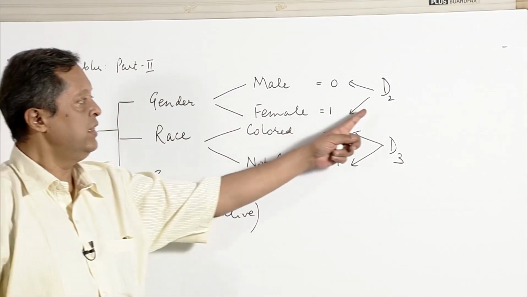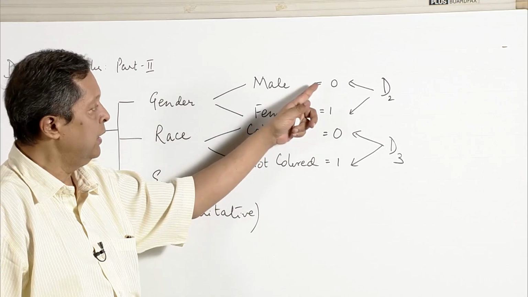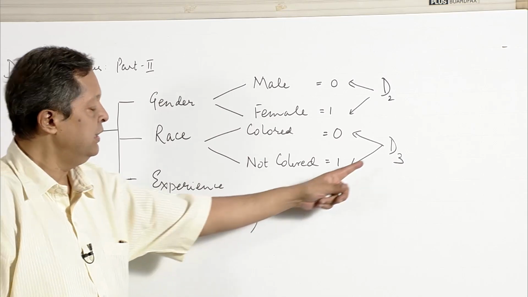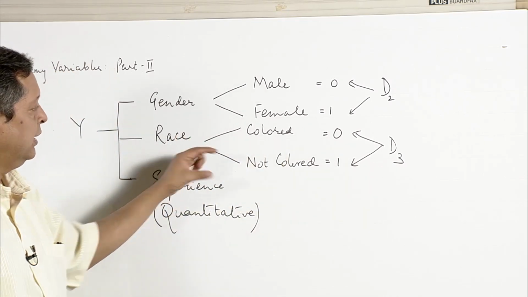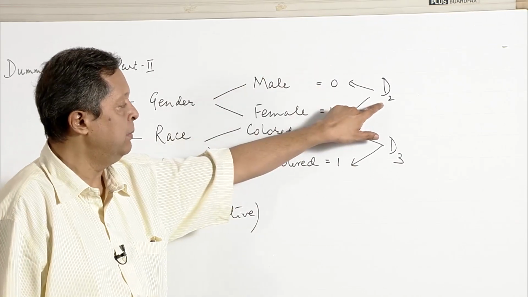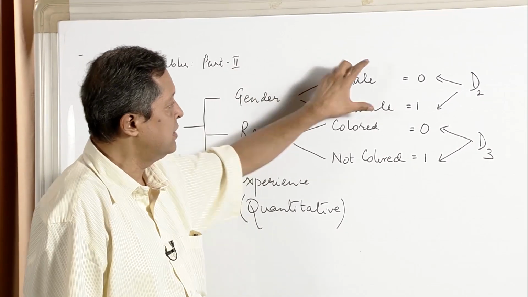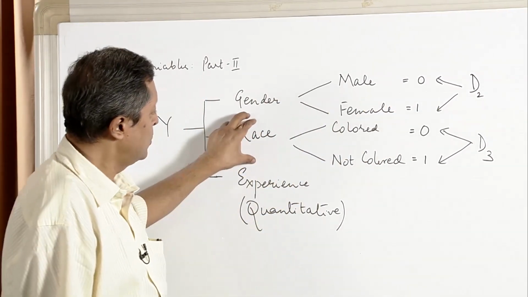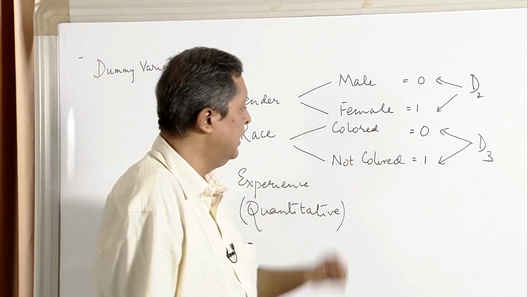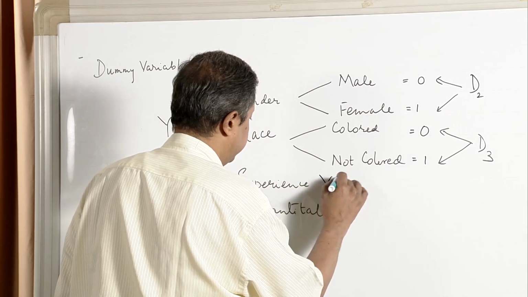So, D2 is the dummy for gender, which will take value 0 if it is a male and 1 if it is a female. Similarly, D3 is the dummy for race. There are 2 categories, 1 dummy. One qualitative variable gender with 2 categories, therefore 1 dummy, another qualitative variable race with 2 categories, therefore 1 dummy, and this will be the variable X.